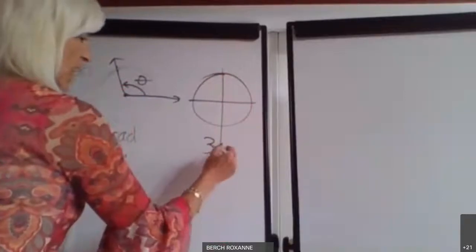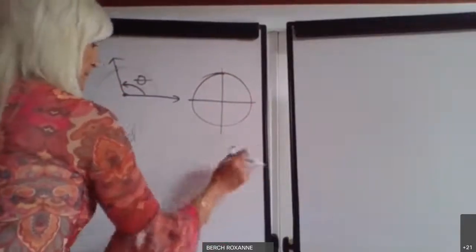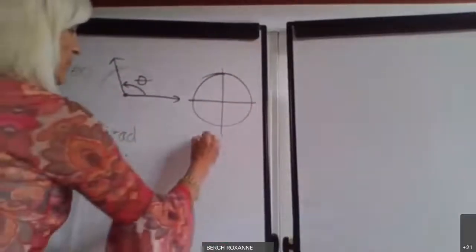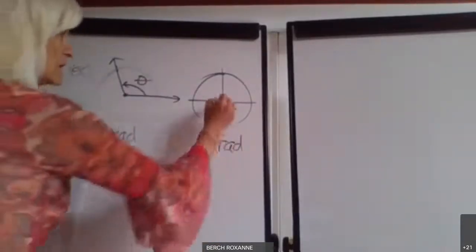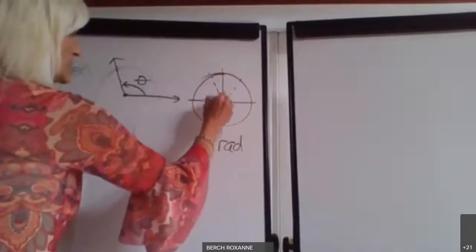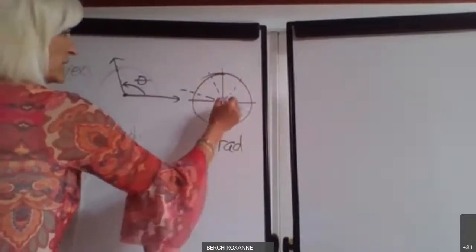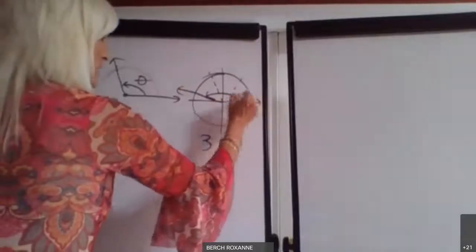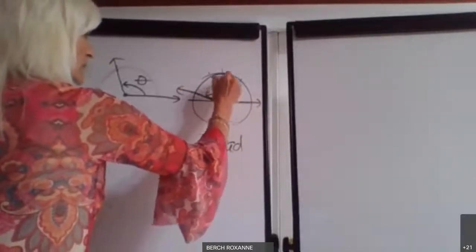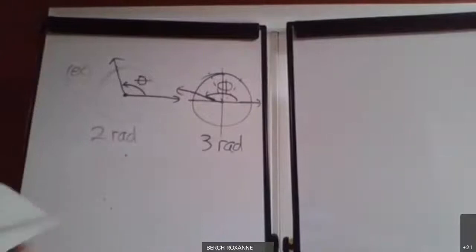If I asked you to draw 3 radians, that would be about 1, that'd be about 2, and about 3 would be there. Name the angle.